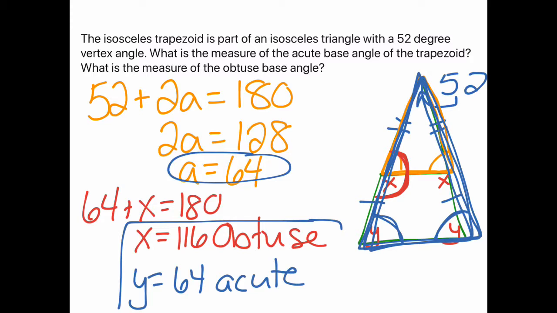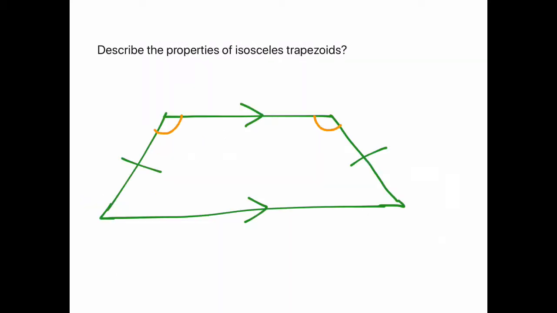All right, our next question asks us to describe the properties of an isosceles trapezoid. So to begin with, let's go ahead and draw one. Remember that a trapezoid always has two bases that are parallel to each other, so that's one property. They always have legs that are congruent, that's another property. Both pairs of base angles are also congruent, so this one here is going to be congruent to that one there.